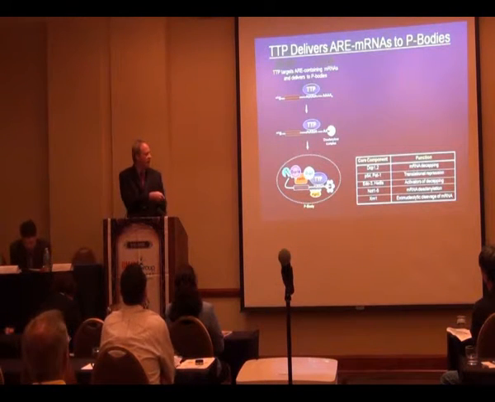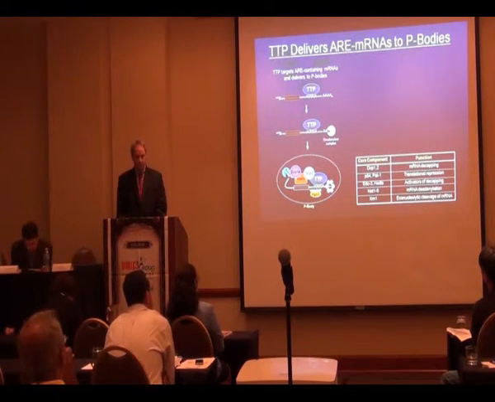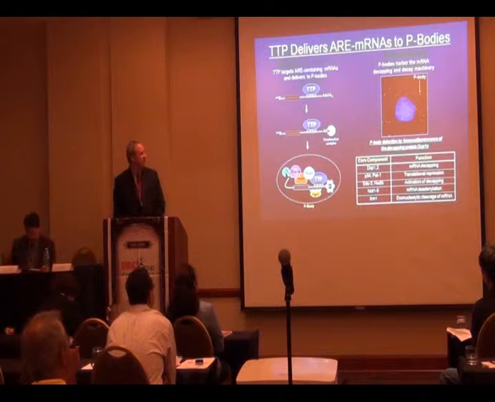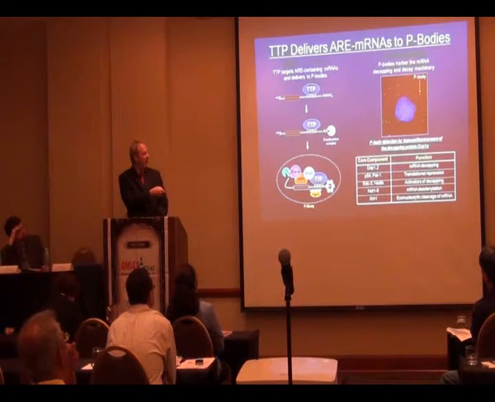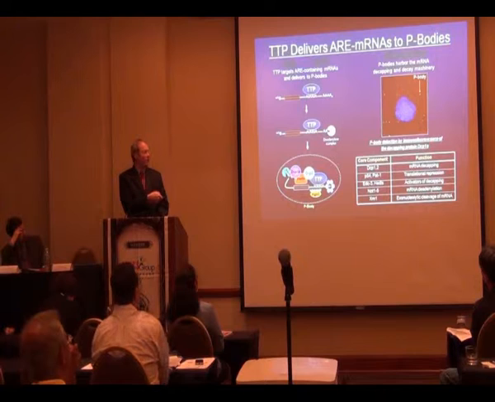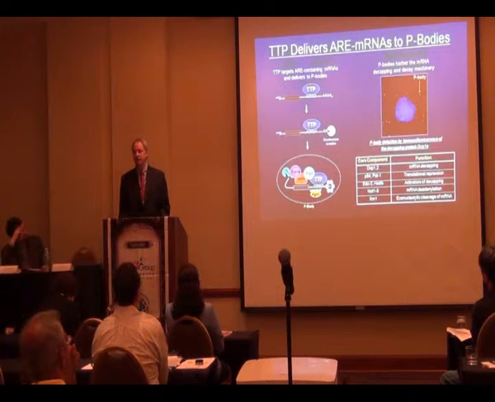There's a number of different components involved with degrading mRNAs that are present in P-bodies. And you can see these P-bodies by either transfections of GFP-tagged components or by doing some immunocytochemistry. And you can see these little dots in the cell. That's where RNA degradation is occurring.